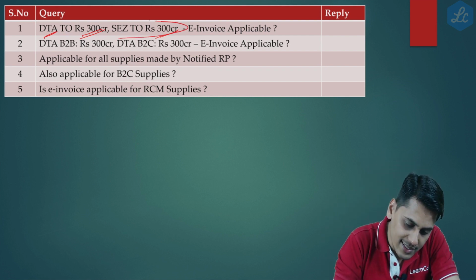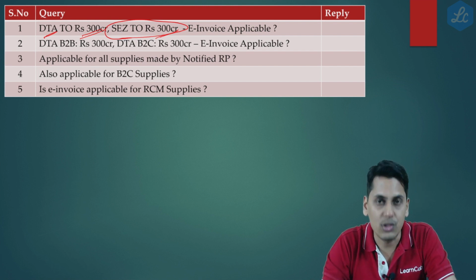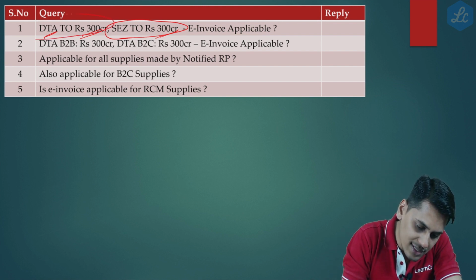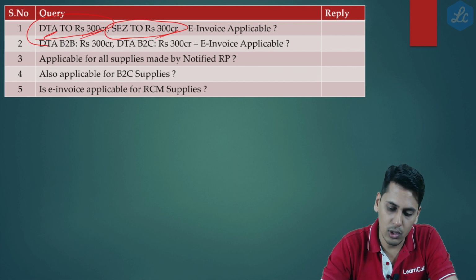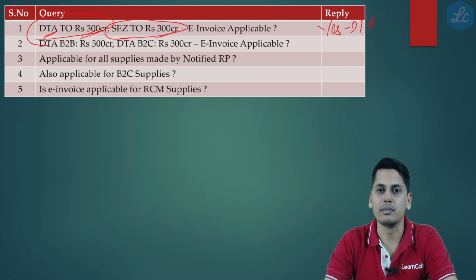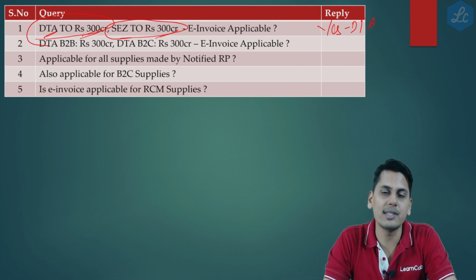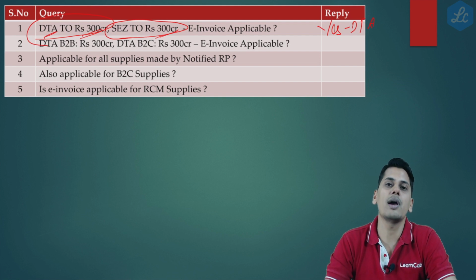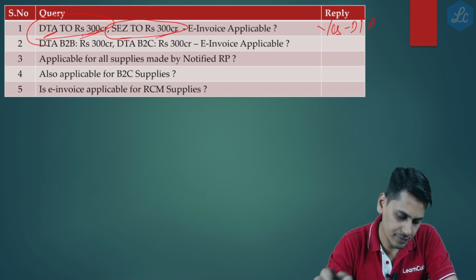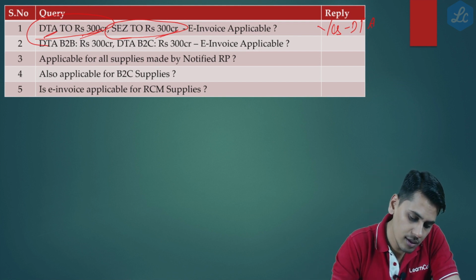So for this SEZ unit, e-invoice provisions is not applicable. However, for this DTA unit, e-invoicing provisions are applicable. So this DTA unit has to prepare an e-invoice for its B2B supplies and exports.